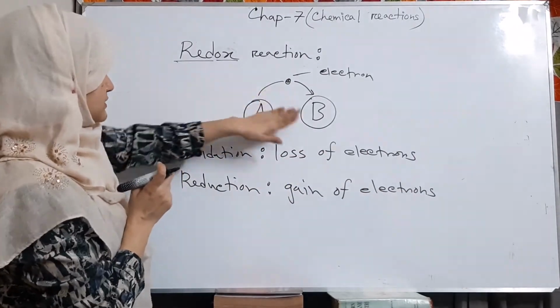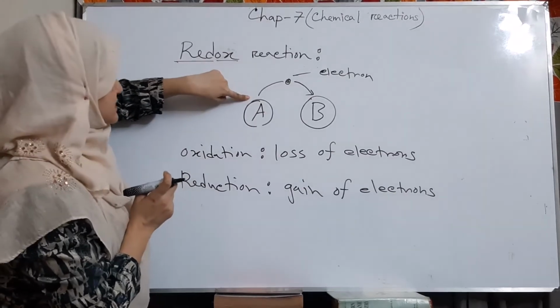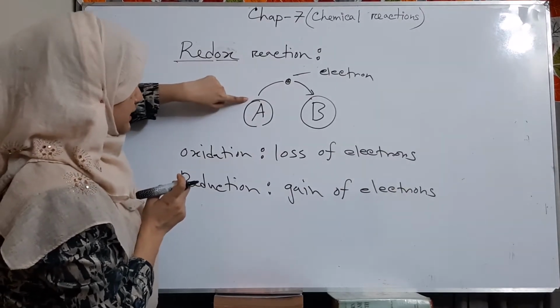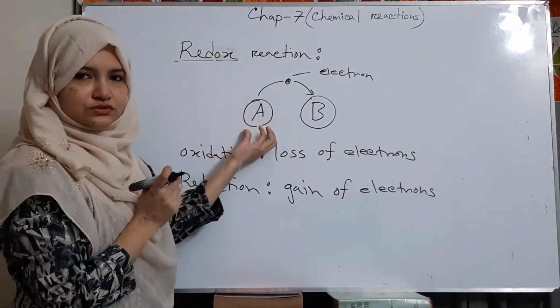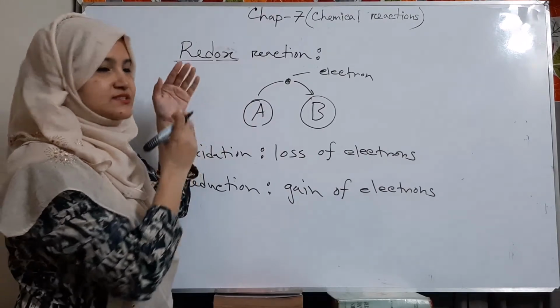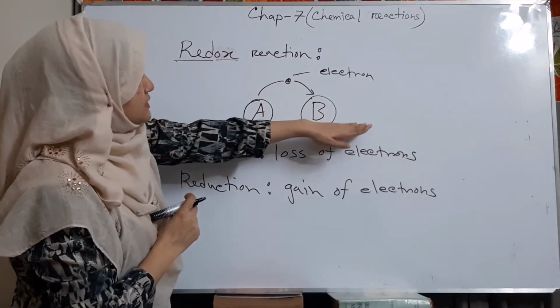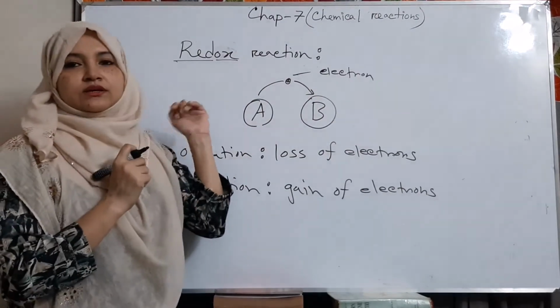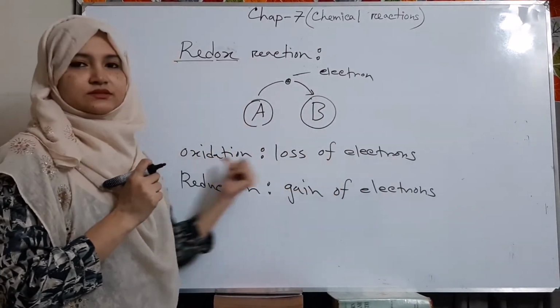And again, look at this diagram. We can easily observe that atom A is giving up one of its electrons, and that means it's losing an electron. That's why in atom A, oxidation takes place.